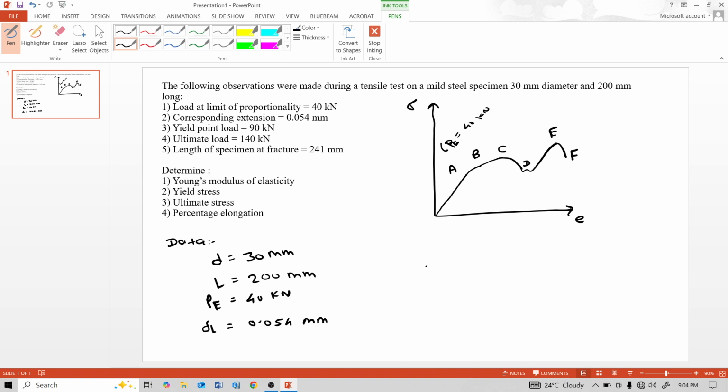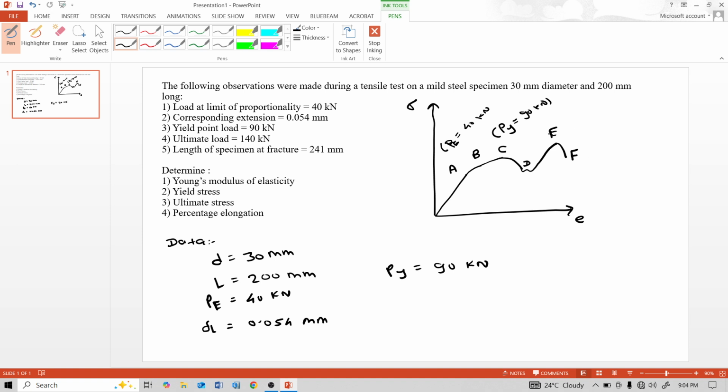Yield load point, this point C is the upper yield point and the load at this point is 90 kN. Py, load at yield point, is equal to 90 kN.